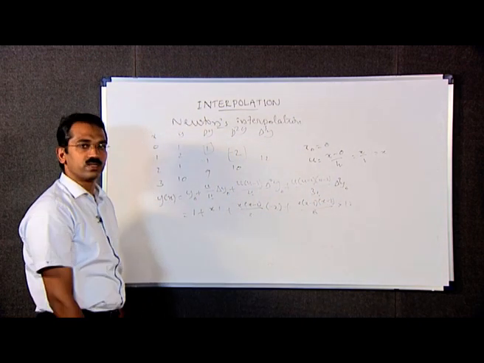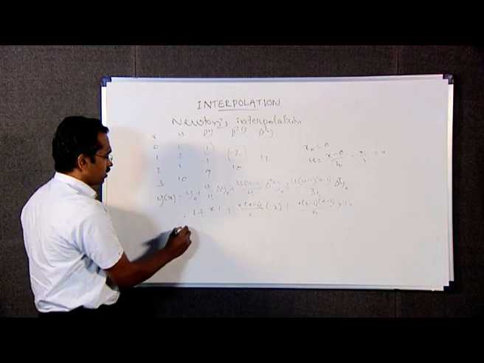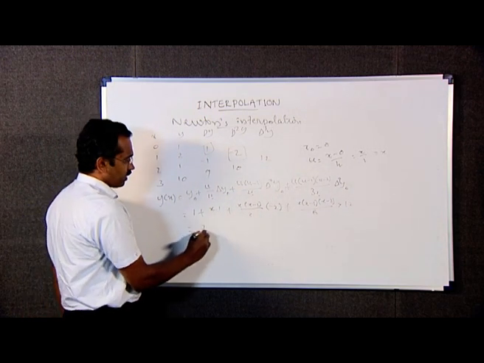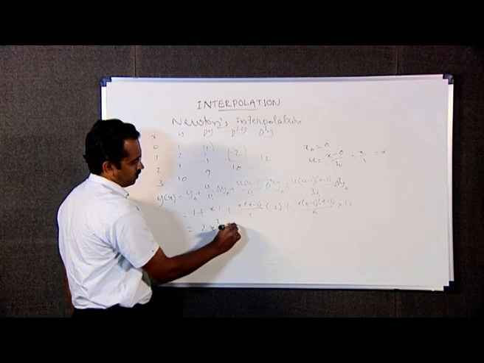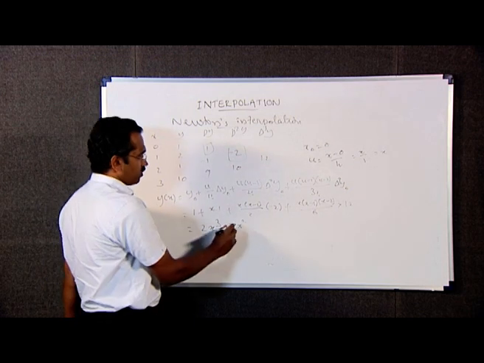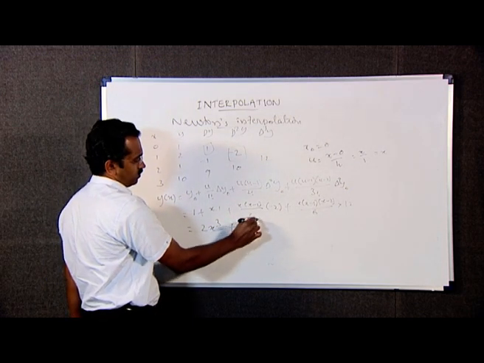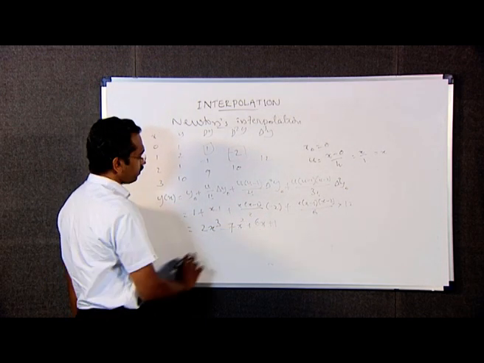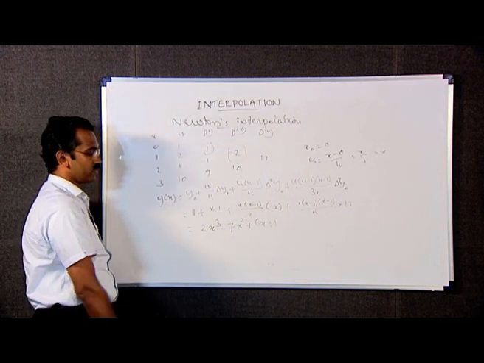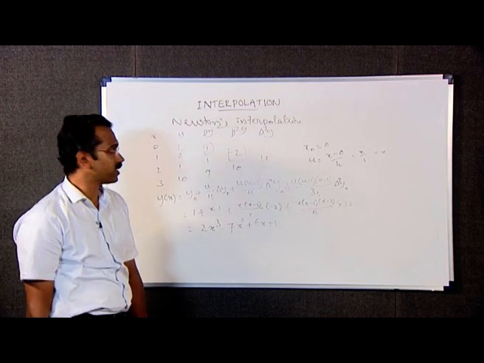On simplification, we get 2x cube minus 7x square plus 6x plus 1. This is the required polynomial.